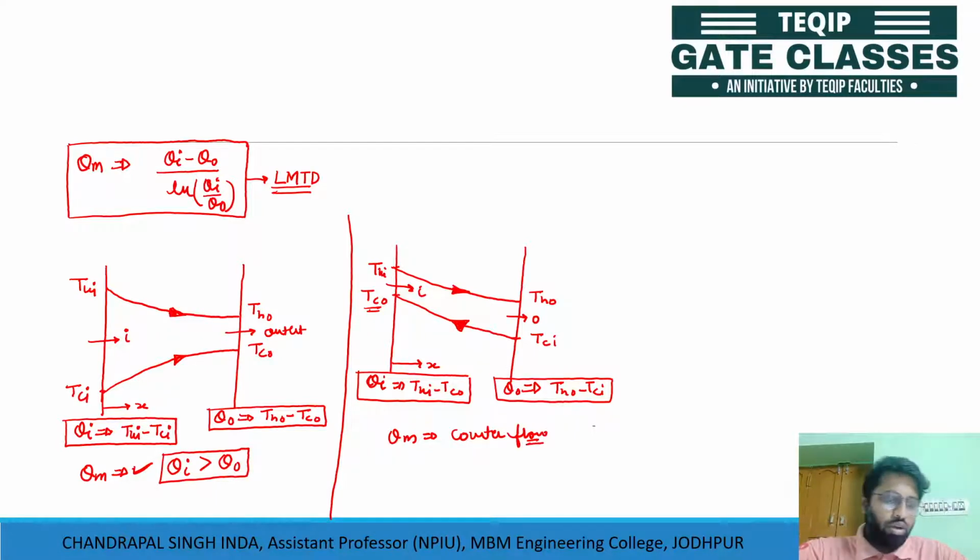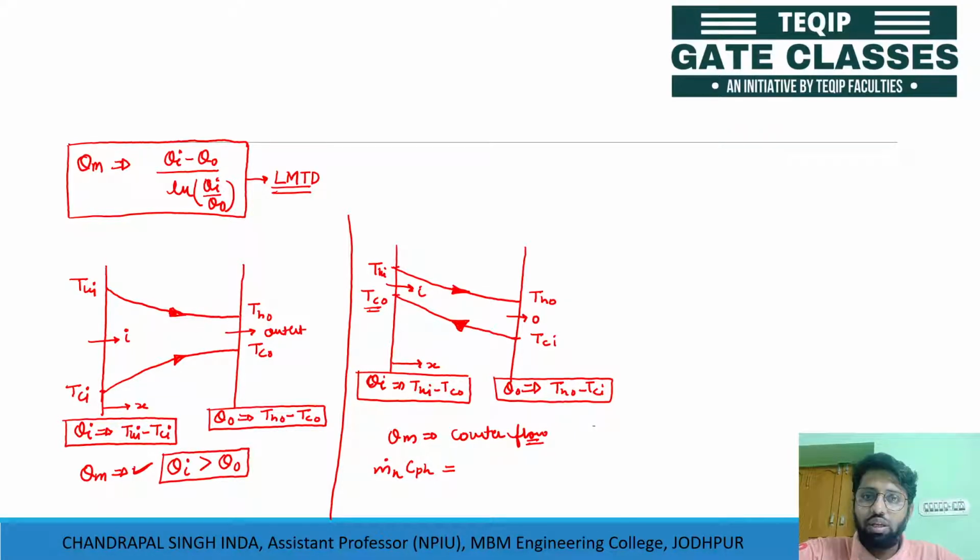We also discussed one special case for the counter flow heat exchanger, in which the product of the mass flow rate of the hot fluid and the specific heat of the hot fluid is known as the heat storage capacity of the hot fluid.